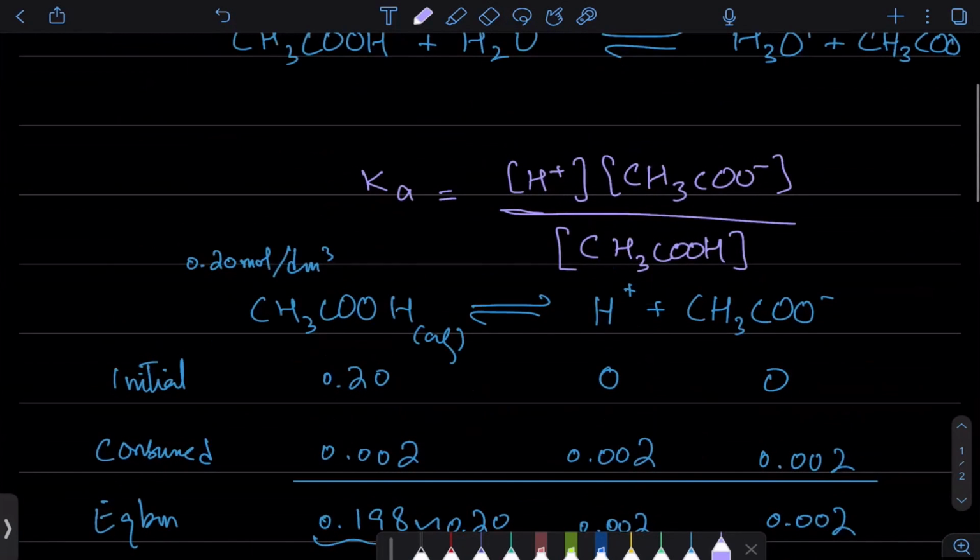Another important thing that will help us out in this case is that this acid is again coming from a position of very low ionization. So the ions that it produces are also really, really low in concentration.